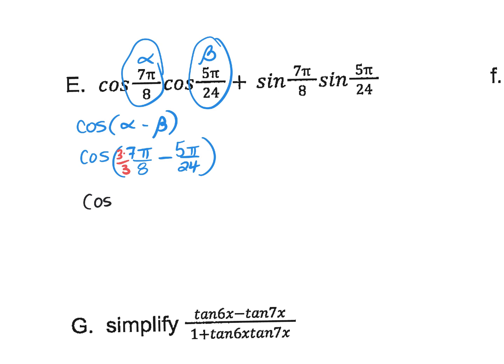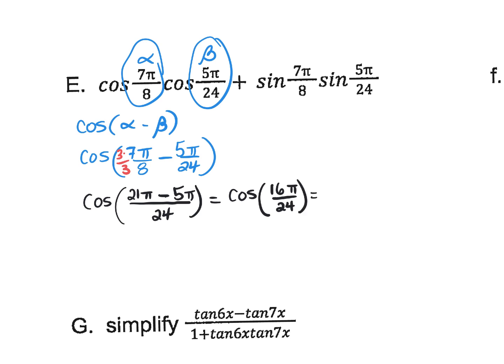Now this becomes the cosine of what? Minus, all over, now let's reduce. Which will reduce to something on the unit circle.